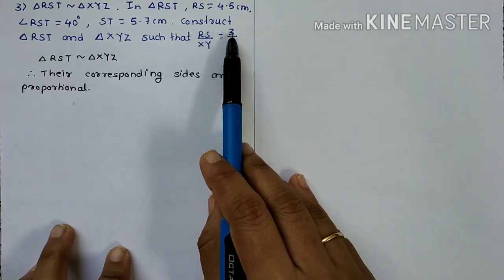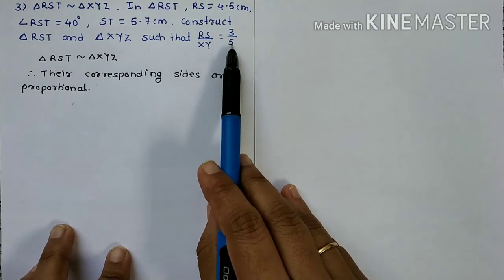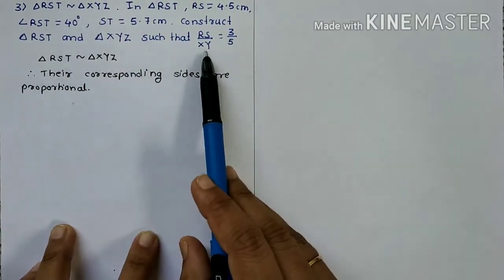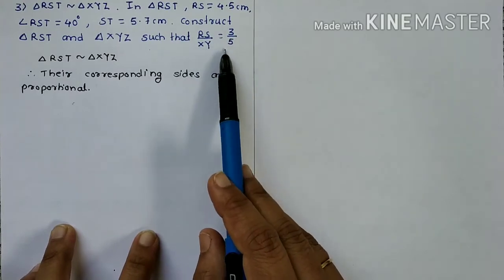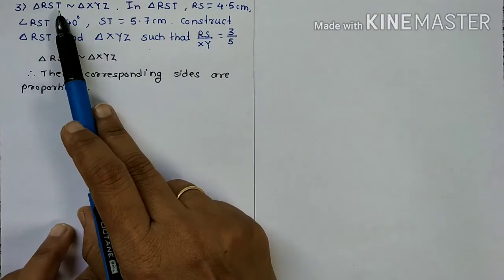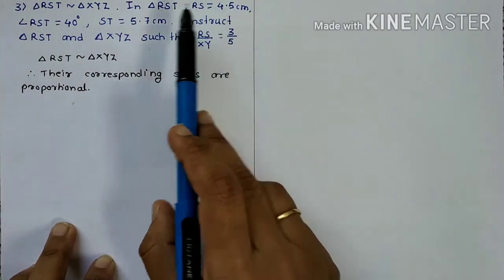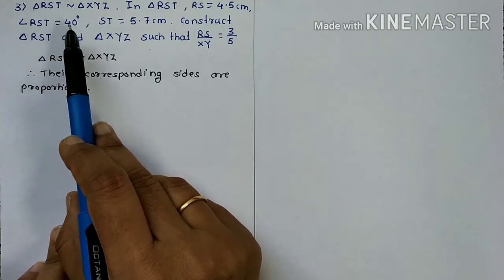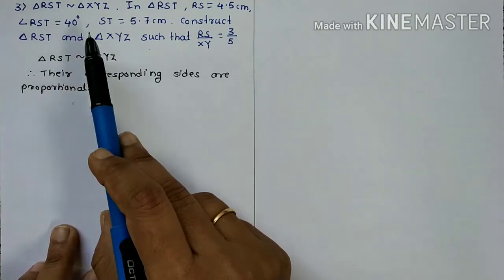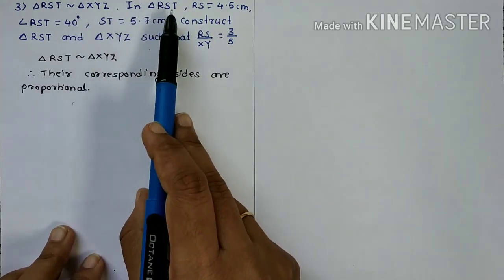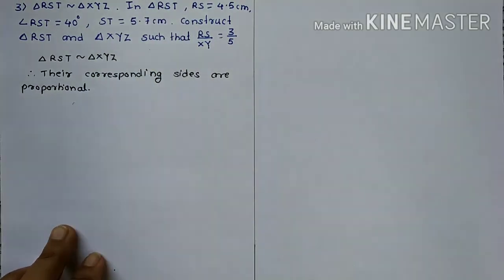RS correspond to 3 and XY correspond to 5. Therefore XYZ is bigger triangle. Okay. For triangle RST, the length of two sides and angle included by them are known. So we can easily construct triangle RST.